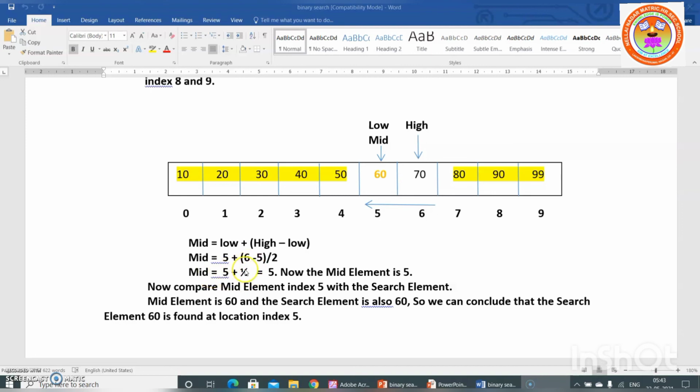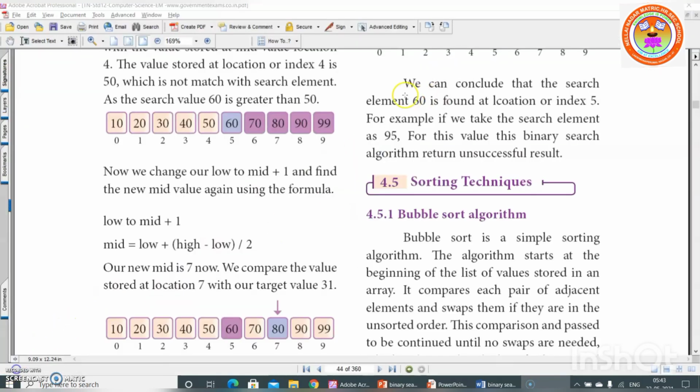So 5 plus 0.5, as I told, the 0.5 will be removed. Ignore, right? We will take only 5 and compare the index and the search element. Both are the same. We stop here. We found the search element. Understood, everyone? So we conclude that the search element 60 is found at location or index 5.